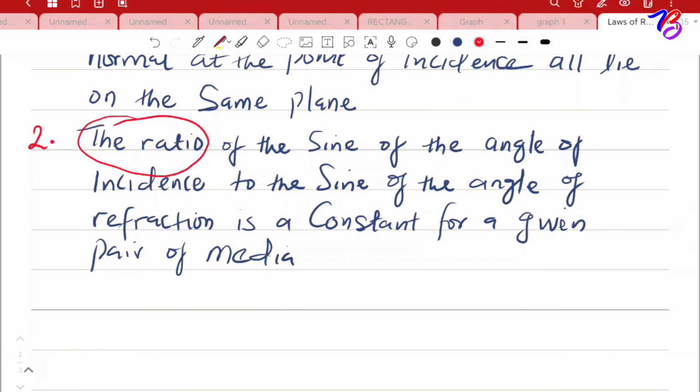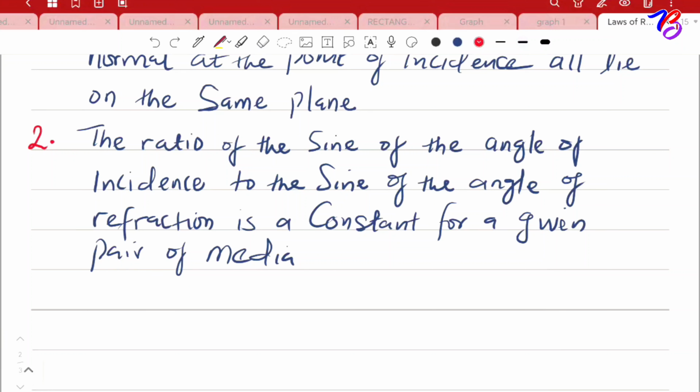So the word ratio, let's circle it. The ratio means division sign. So let's capture that. We want to write this mathematically, please, so that you can use it to solve mathematical problems in physics. So the ratio, division sign, captured, of the sine of the angle of incidence.